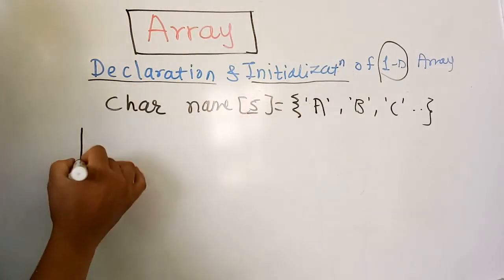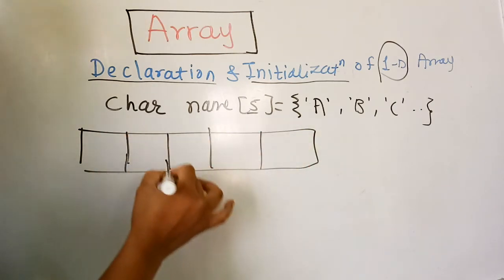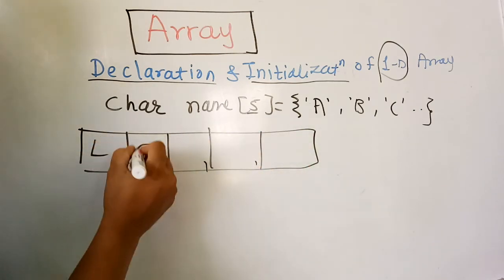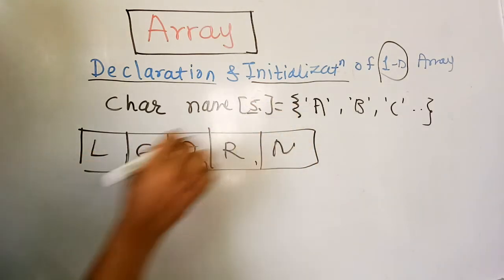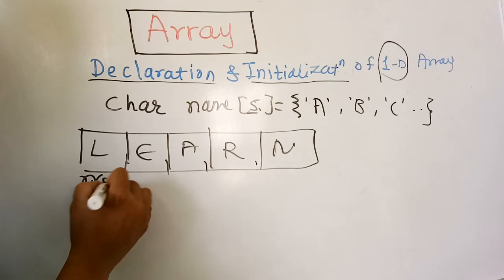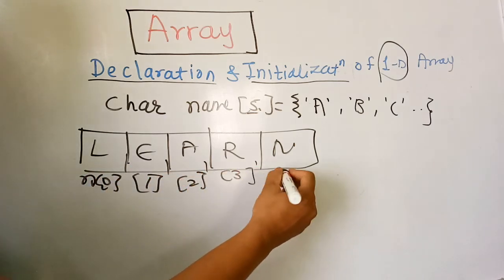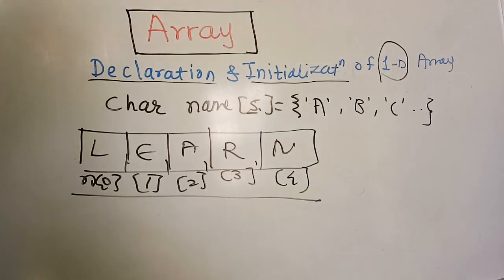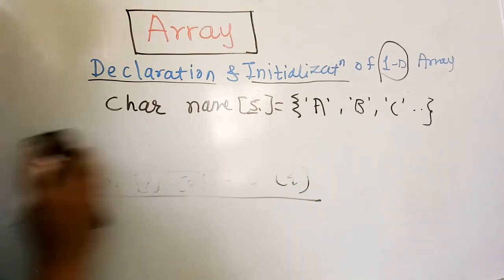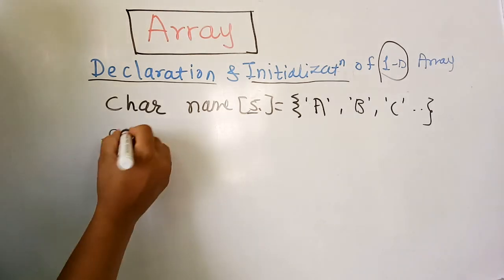How will it actually be represented in memory? For example, I am writing 5 letters like this. Then these are the name at 0, 1, 2, 3, and 4, meaning a total of 5 character variables are stored in the array. Now we can create floating point arrays also, by writing the float type.